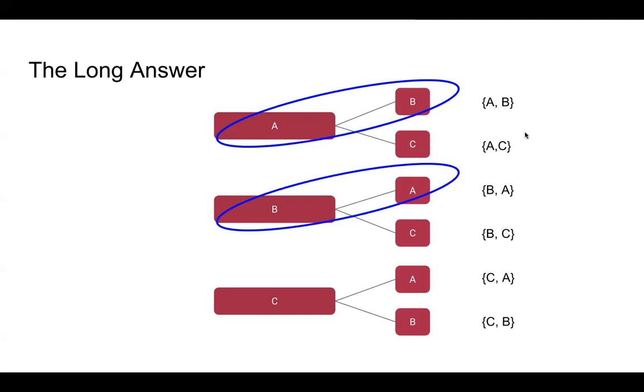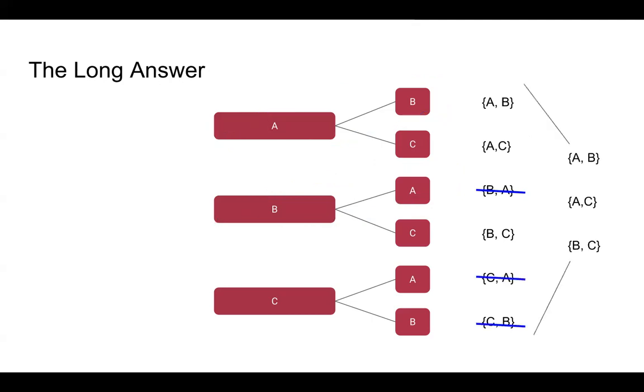But because we're considering the case where ordering does not matter, we only want to count one of these, so we get rid of one of them. And we do that for any possible repeat outcome. So in the case where ordering does not matter, we would instead have this result rather than this resultant list of possible samples.